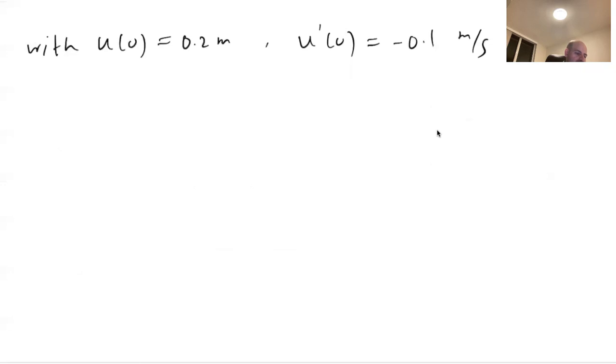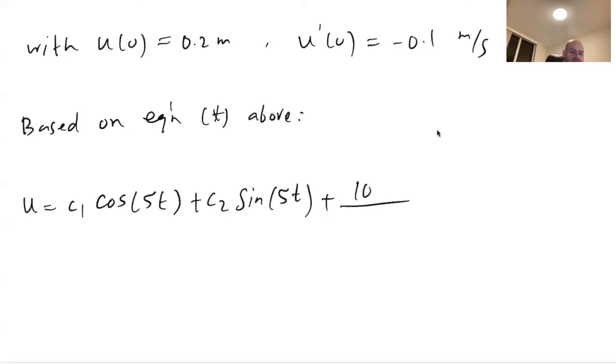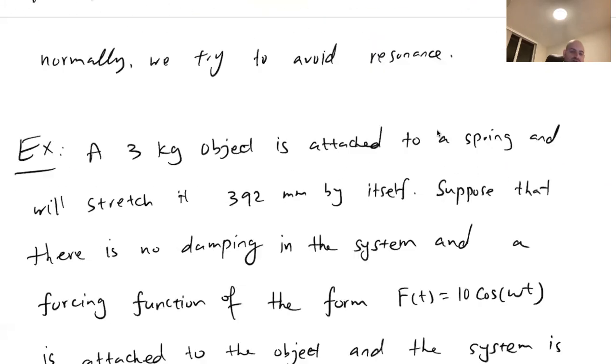Based on equation star above, we can write u as C1 cos omega naught t plus C2 sine omega naught t, and omega naught is 5, so C1 cos 5t plus C2 sine 5t, plus F0 over 2m omega naught times t sine omega naught t.